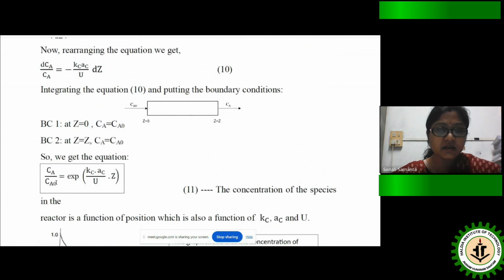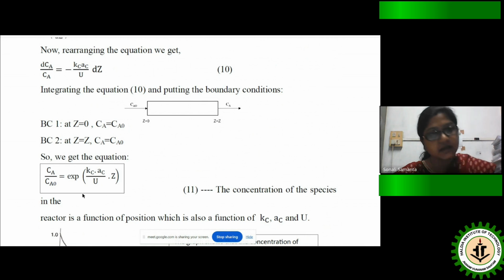So CA by CA naught equals exponential of minus Kc ac divided by U into Z. This comes from integrating the equation.